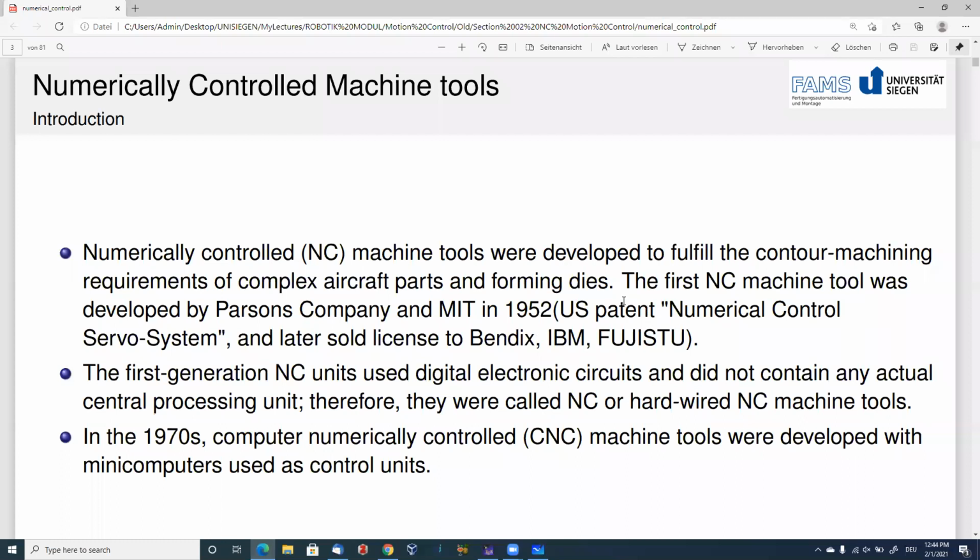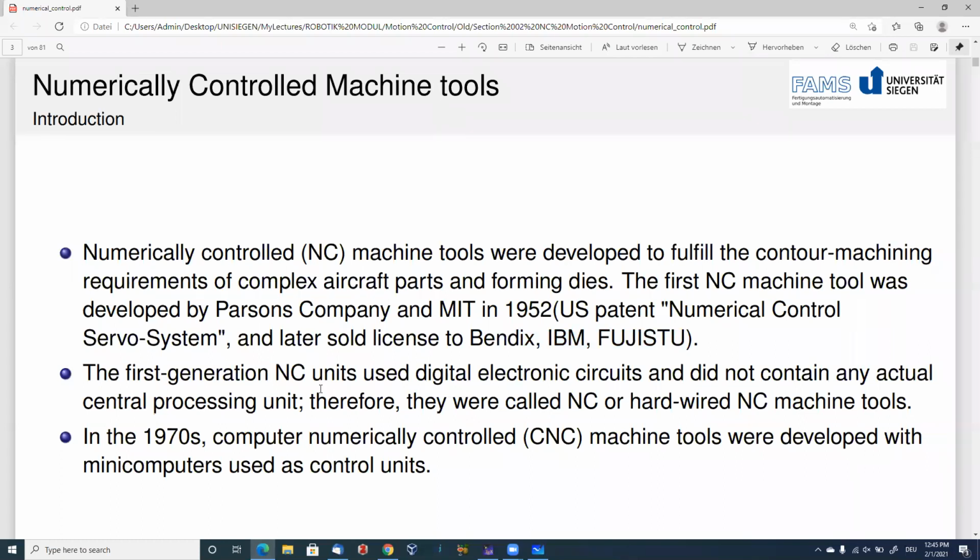In general, they were developed mainly in 1952, licensed to Fujitsu from IBM.